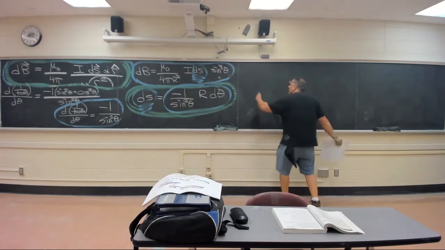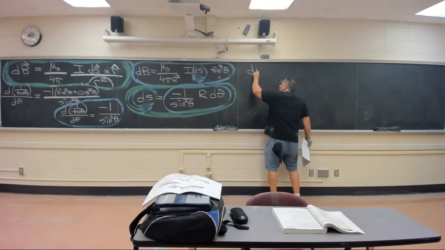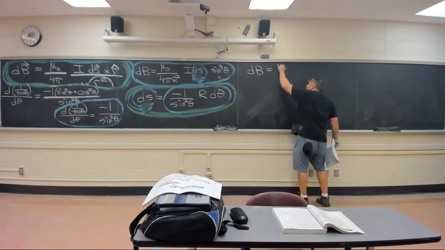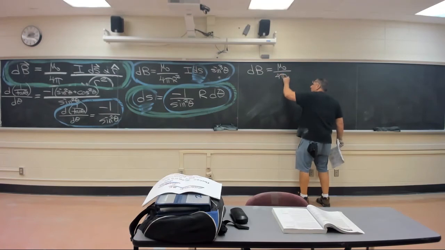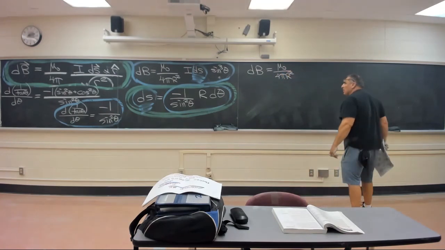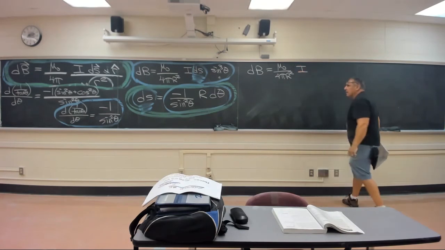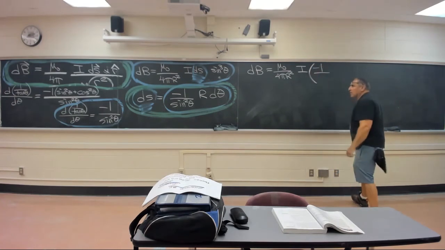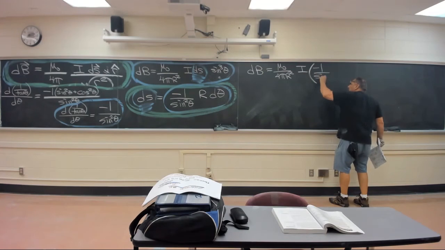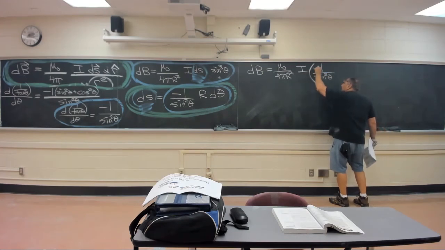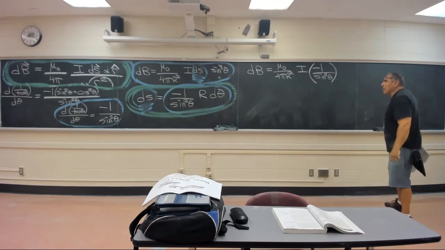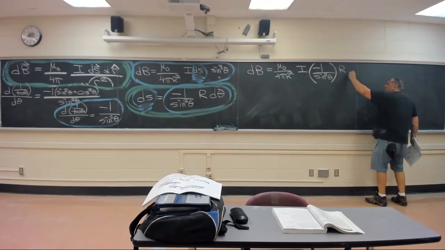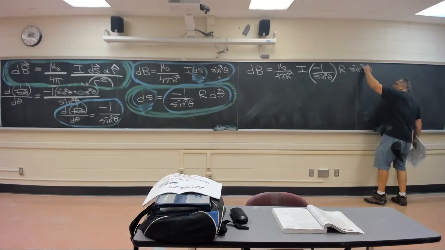What's going on here? dB equals mu 0 over 4 pi r squared times I ds, which is this, R d theta, times the sine cubed of theta.